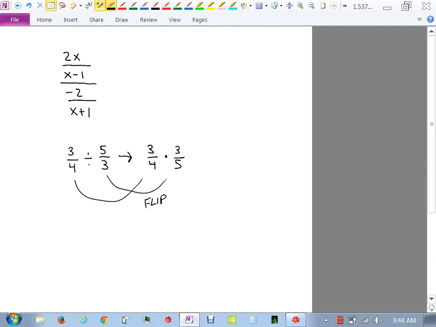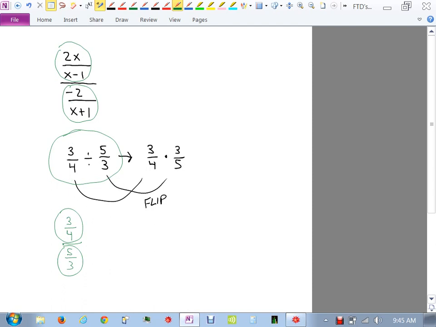Remember that? Okay. Now, the way I wrote this over here, 3/4 divided by 5/3 is kind of like elementary school. You use that little division symbol. In reality, what it really is 3/4 divided by 5/3, isn't it? I mean, that's what 3/4 with that division symbol 5/3 means. It means take 3/4 and divide it by 5/3. Do you see that we kind of have the same thing here? We have a fraction on top and a fraction on the bottom. Just like here, we have fraction on top, fraction on bottom.